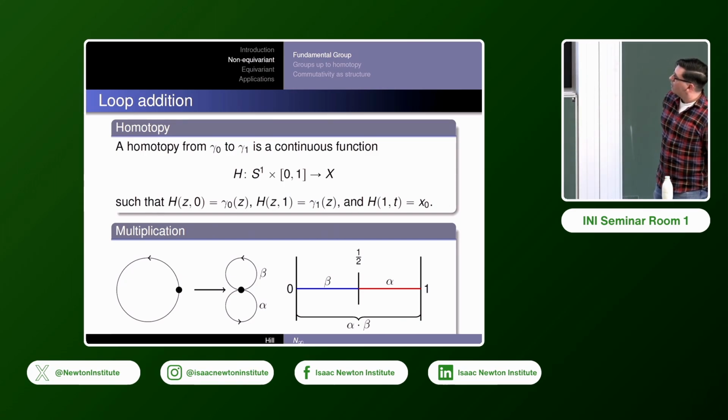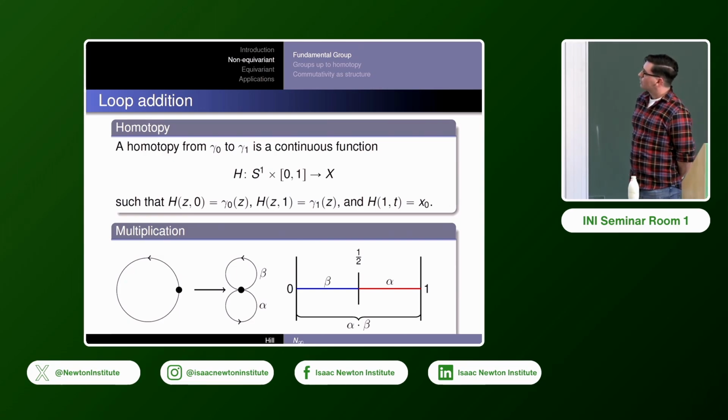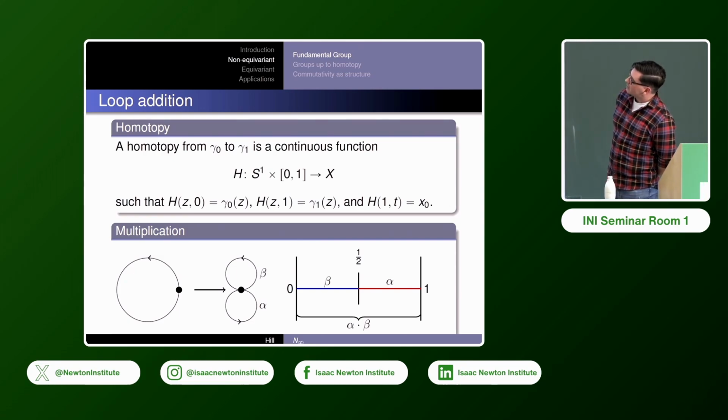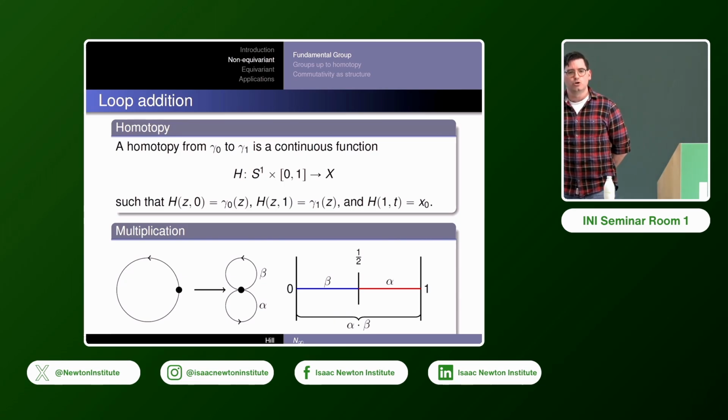And I ask now that I have a map from the circle cross an interval in, and I want it to start, so I'm thinking of the second coordinate as some kind of time coordinate, as Oscar described. And then I want to think of this as saying, it starts with gamma 0, it ends with gamma 1, and I'm also going to ask that the loops have the same starting and ending point, and my homotopy fix that.